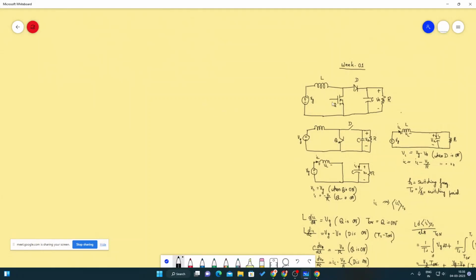So when the MOSFET is turned on, here is the diode, and here is the capacitor.